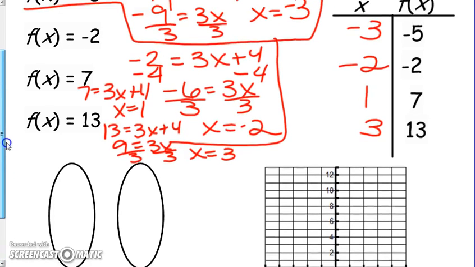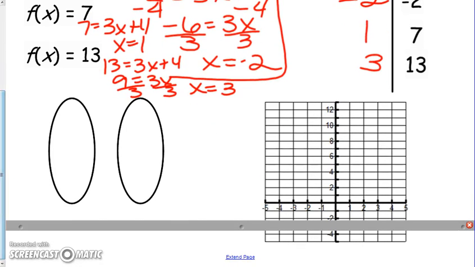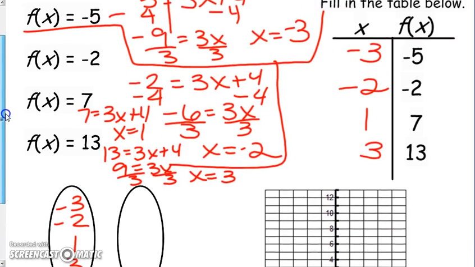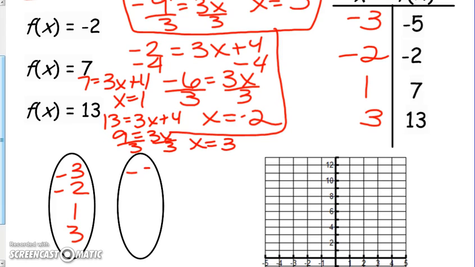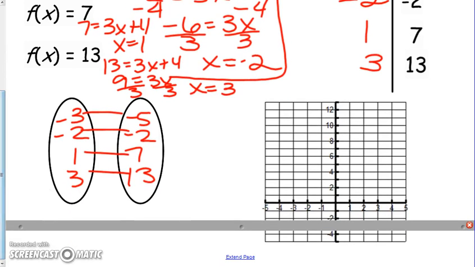So our mappings are going to be negative 3, negative 2, 1, 3. And our fancy y's or f of x's are negative 5, negative 2, 7, and 13. And you will notice that it is a function. And if you graph it, negative 3 to negative 5, negative 2 to negative 2.